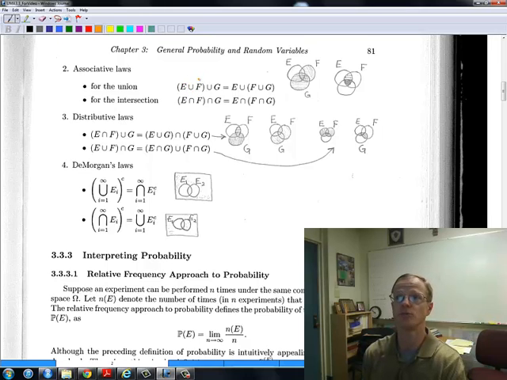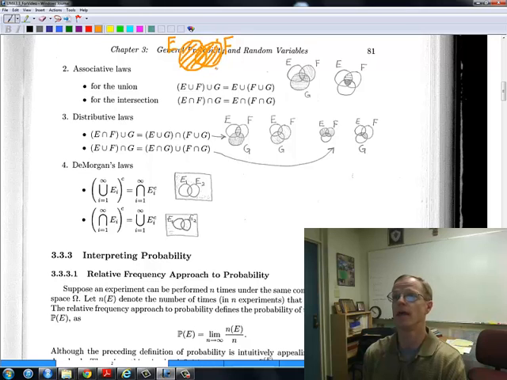In the parentheses, we're associating: E union F, then G, or F union G first, then E. In my first diagram, we've got E union F. That's going to be both regions, so I'm going to shade the whole thing.